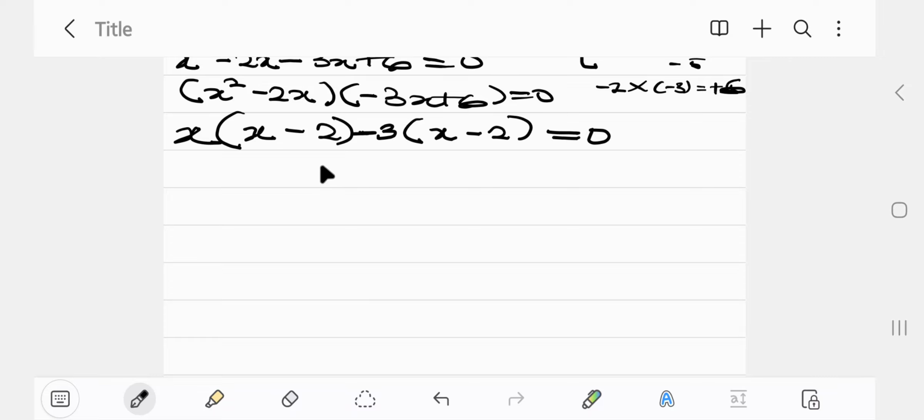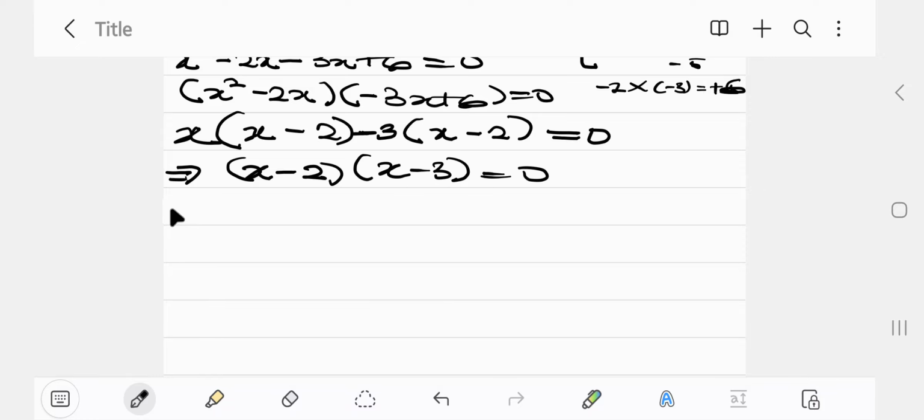Now that we have two brackets containing the same terms, let's pull out one of the brackets and let go of the other. So this implies that x minus 2, times x minus 3, is all equal to 0.